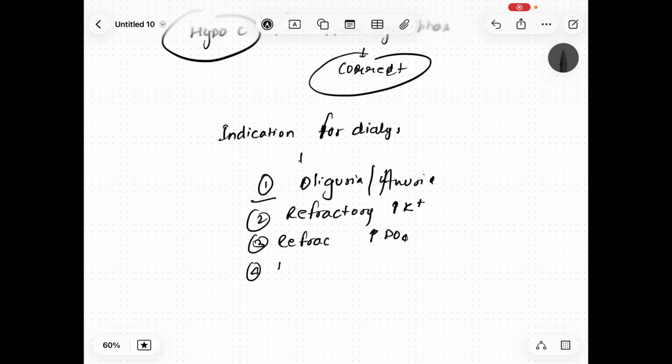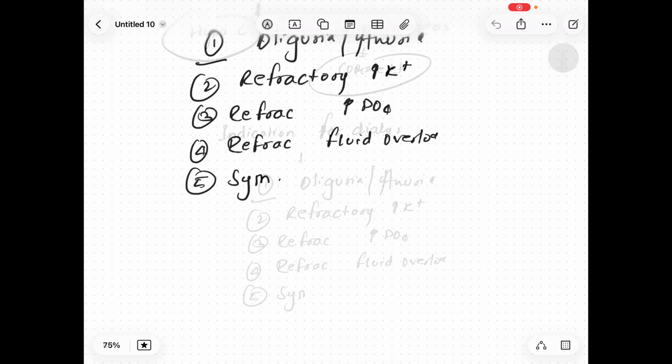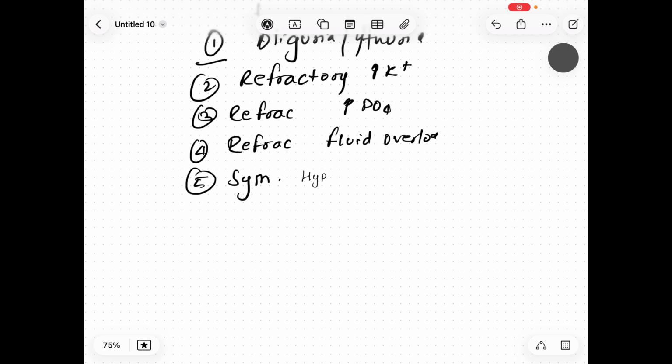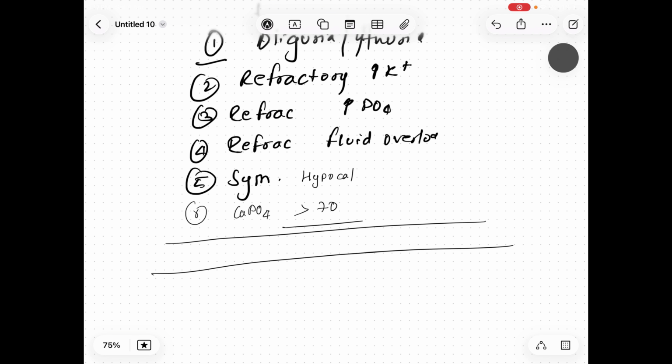Fourth one is refractory fluid overload. Fifth one is symptomatic hypocalcemia. Last is calcium phosphate product more than 70. That's all we need to know in case of tumor lysis syndrome.